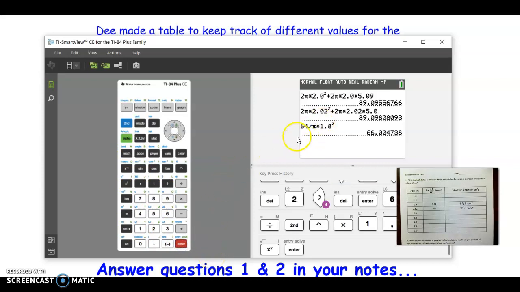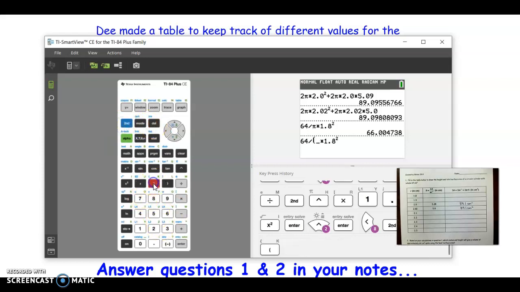The problem is your calculator thinks you just want to divide 64 by pi and then multiply that answer times 1.8 squared. And that's not what we want. So I'm going to go up here, highlight this, bring it down and insert what I need. I need parentheses around this denominator. So I'm going to insert a parenthesis here, and then at the end I'm going to put a parenthesis here.